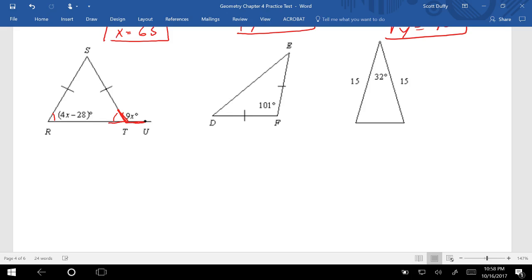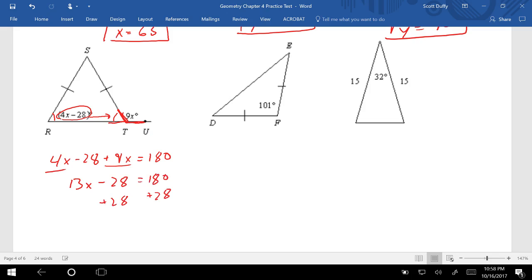So I say that if this is 4x minus 28 right there, I say 4x minus 28 plus the 9x equals 180. 4x plus 9x is 13x minus 28 equals 180. Add 28 and you get 208 equals 13x.